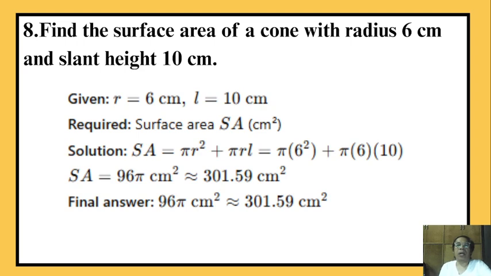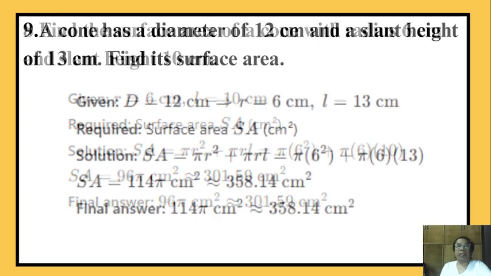So the solution for the surface area of the cone, SA is equal to pi r squared plus pi rl. Substitute now the given data. The answer is 96 pi centimeters squared. Final answer is 96 pi centimeters squared.